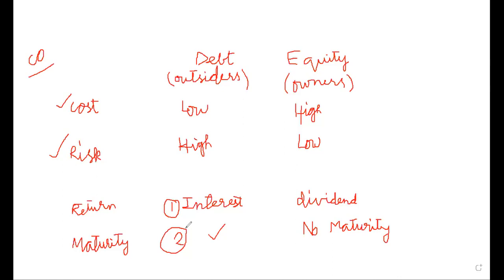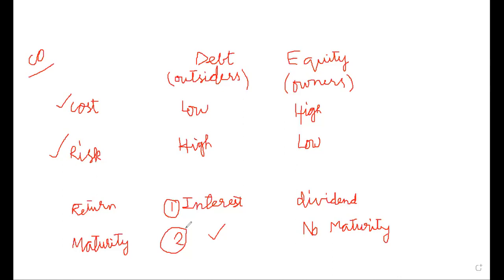The second aspect is that since there is a maturity period, no matter how long the maturity period is, still at the end of it the amount has to be paid back to the debt holders. Funds raised by the company are invested for various purposes. Maybe assets are purchased, some amount is invested in other securities, projects, proposals.